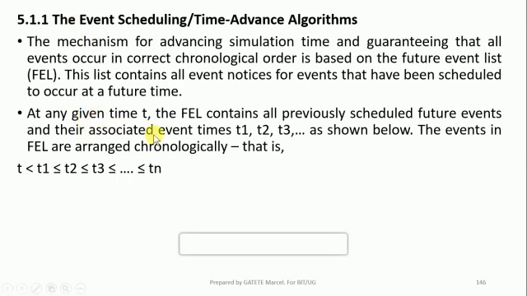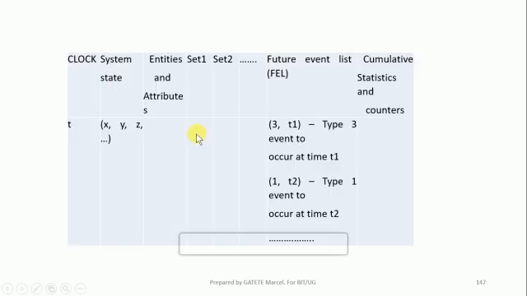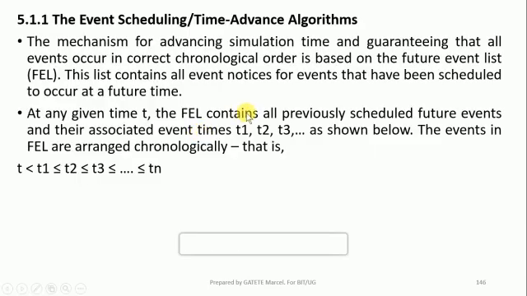So at any given time t, the FEL will contain the previously scheduled future events and the associated event times t1, t2, t3. It means that the FEL will contain the future events which are about to come, and it will specify the time at which those events will come.